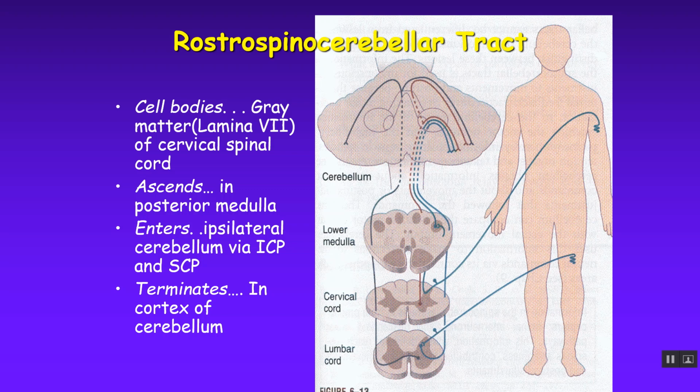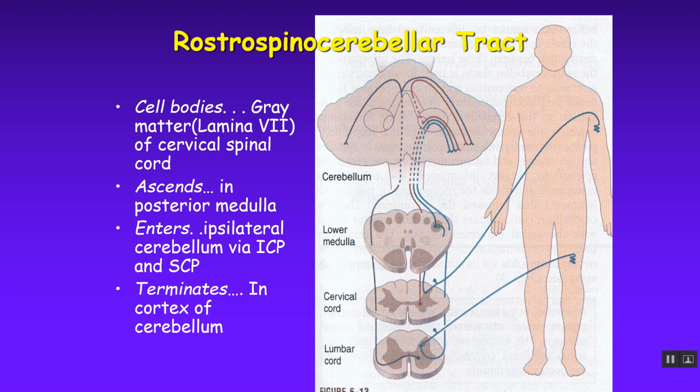The clinically relevant stuff about this is that, yes, there's some information coming from external receptors that are unconscious in nature, via the posterior spinocerebellar and cuneocerebellar tracts. There's some internal feedback pathways that are also monitoring spinal interneuron activity, via the rostrospinocerebellar tract and the anterior spinocerebellar tract.